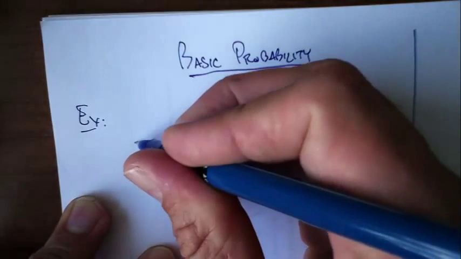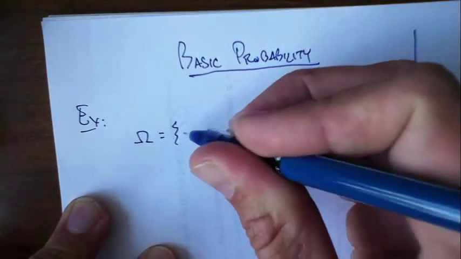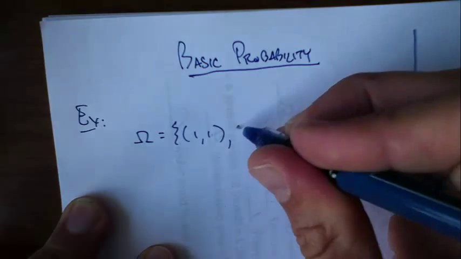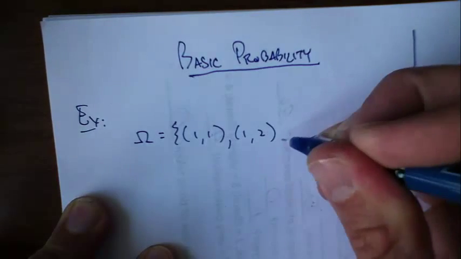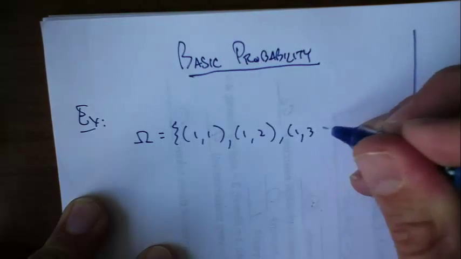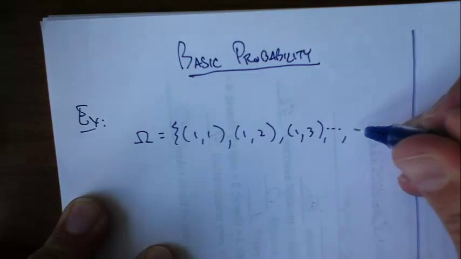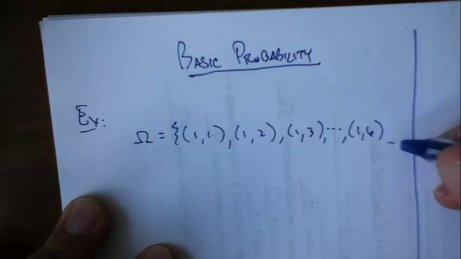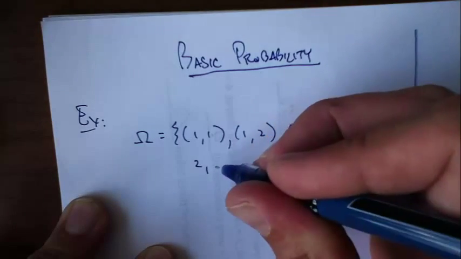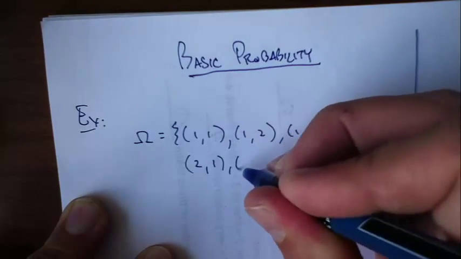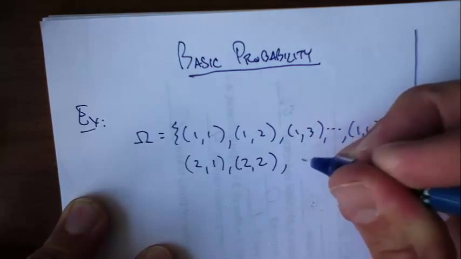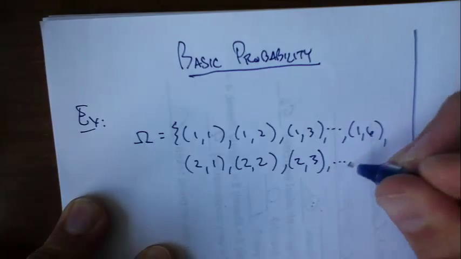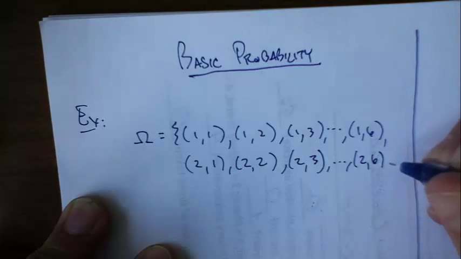Well, my sample space should be, well, I could see double ones. One on the left is a 1, one on the right is a 1. One on the left is a 1, and the one on the right is a 2. Or 1, 3, dot, dot, dot, up to 1, 6, right? Or 2, 1. Or 2, 2. 2, 3, dot, dot, dot, 2, 6, right?